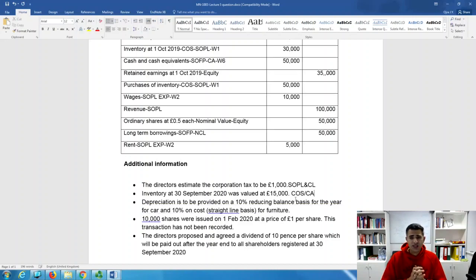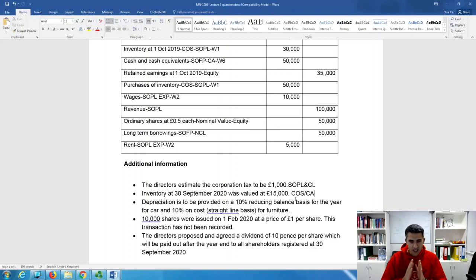Now let's come to depreciation. Here the question tells you that depreciation is to be provided on 10% reducing balance. If you remember, for depreciation we have 2 methods. The first is called straight line method, and the second is called reducing balance method.